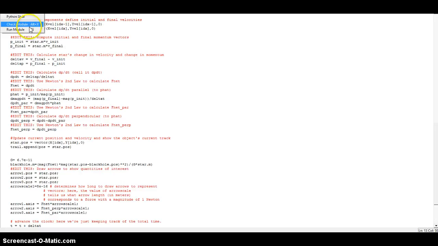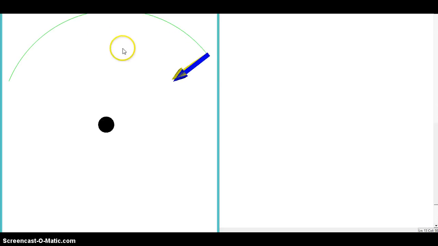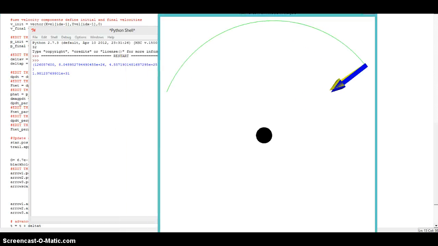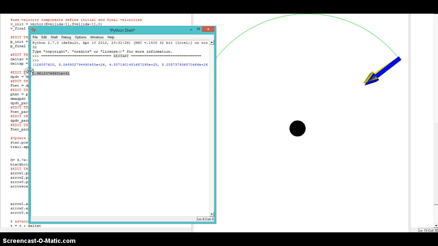And when we run this model, we can see our star going around our black hole, and we can see the net forces acting on the star from the black hole. And what we end up getting is the mass of the black hole calculated from dp over dt and from our gravitational force formula.